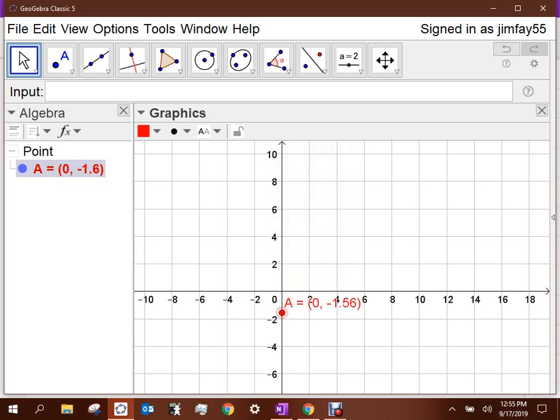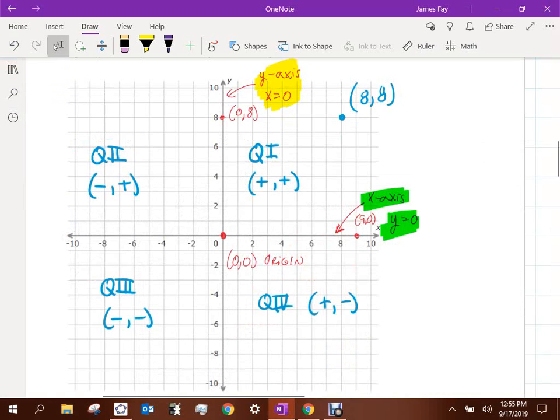It is always 100% of the time the value 0. So that's the logic of why we say the y-axis is written as an equation as the line x equals 0, because any ordered pair on it has an x value of 0. Does that make sense?